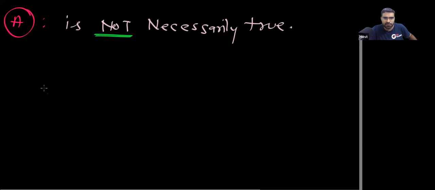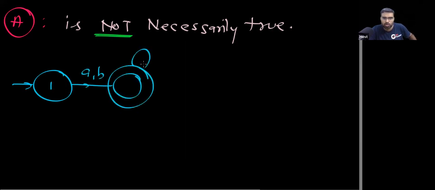For example, if the DFA has only one final state, can I say that option A will be true? Let's assume this is your DFA, with state 1 and state 2.